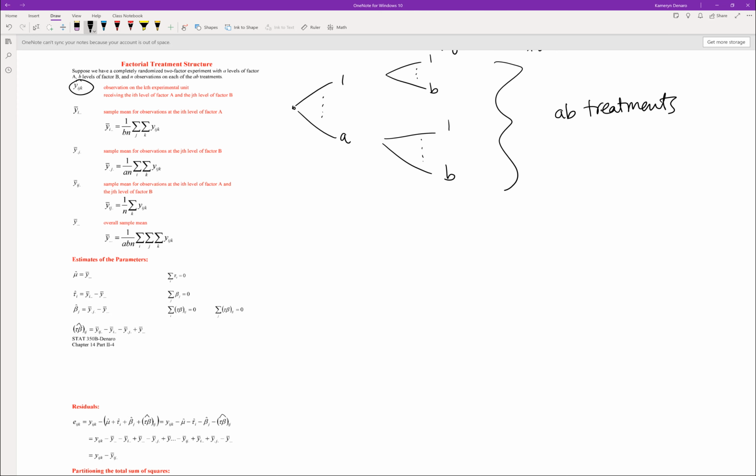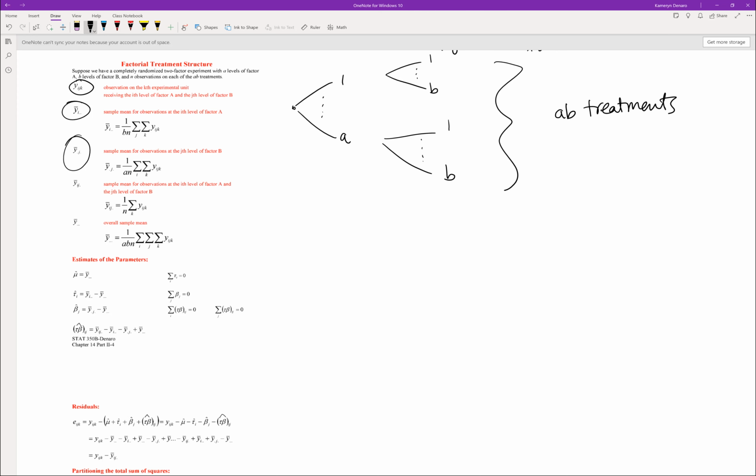The Y bar i dot dot is the sample mean for the observations at the ith level of factor A. So we need to sum over the j and k's to obtain the Y bar i dot dot. If we want the Y bar dot j dot, that's the sample mean for the observations at the jth level of factor B, so we can sum over the i and k.